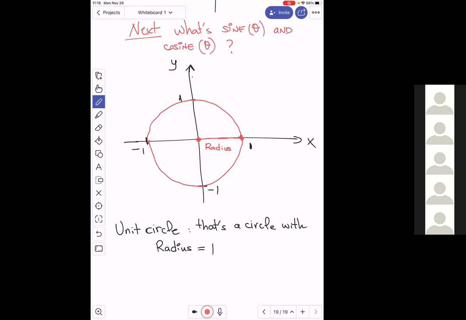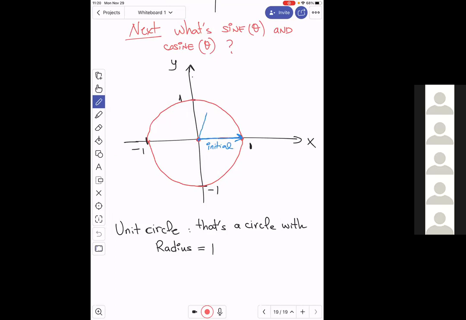All right, so I'm gonna take a random angle theta in this circle. So let's say this is my initial side. This one here, this is my initial side, right?